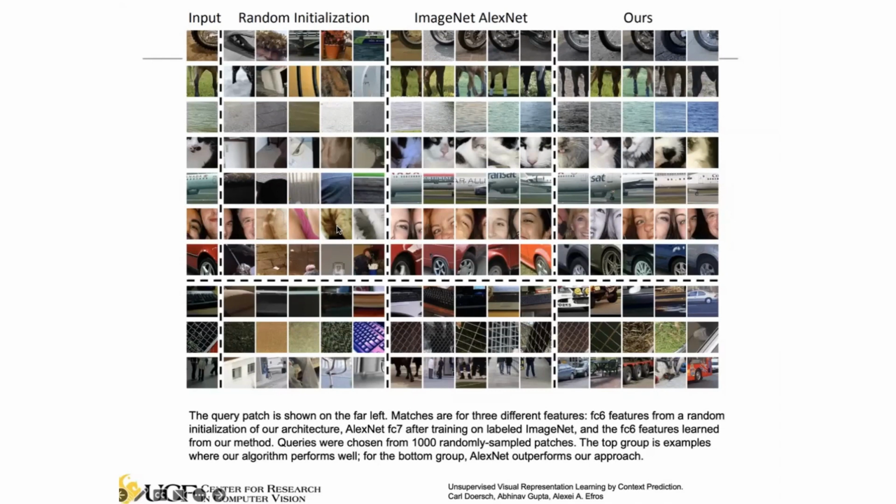The first column is the feature of the randomly initialized network. We extract features like the FC6 layer features, and we want to do clustering. Based on this query image, we retrieve the corresponding images using the FC6 layer.